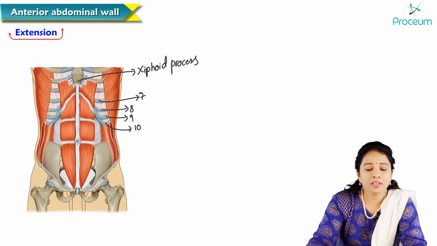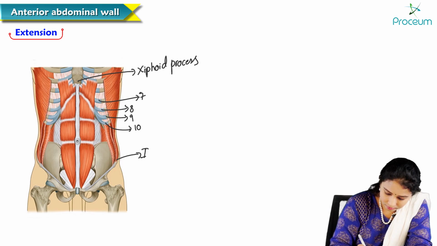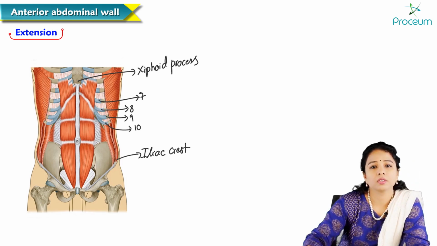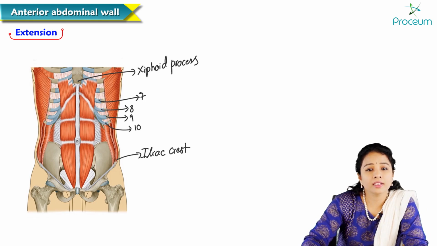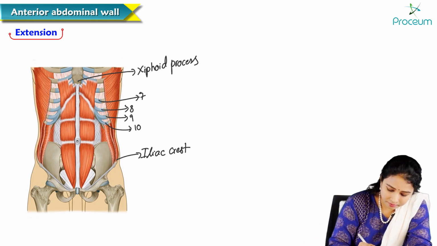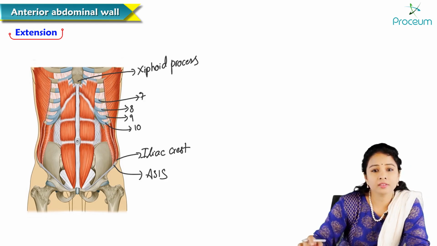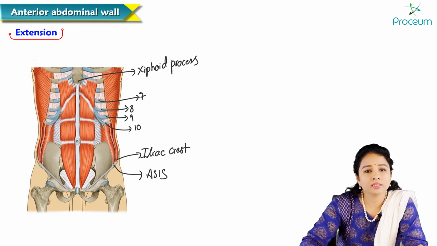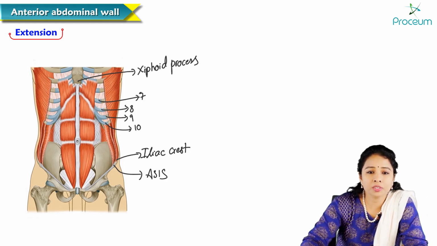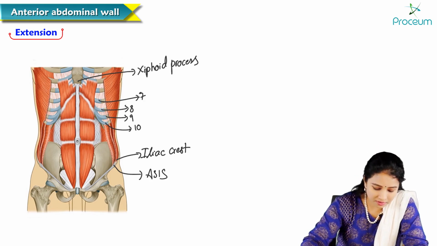And inferiorly, it extends till the iliac crest and it extends till the anterior superior iliac spine. So this is the anterior superior iliac spine. And it extends inferiorly till the pubic tubercle, pubic crest and pubic symphysis.